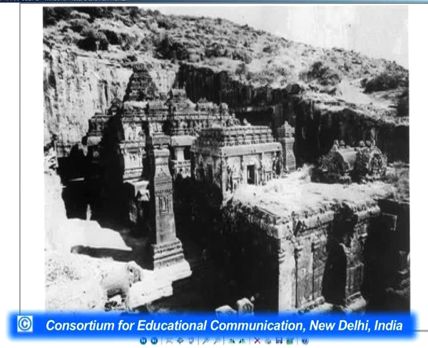So multiple experiments were done during the Chalukya period, and the Chalukyan temple form with exquisite carving and decoration influenced the structural style or architectural style of the Rashtrakuta period.